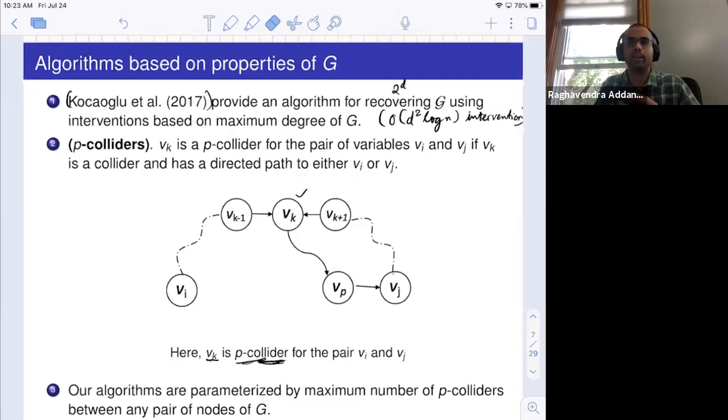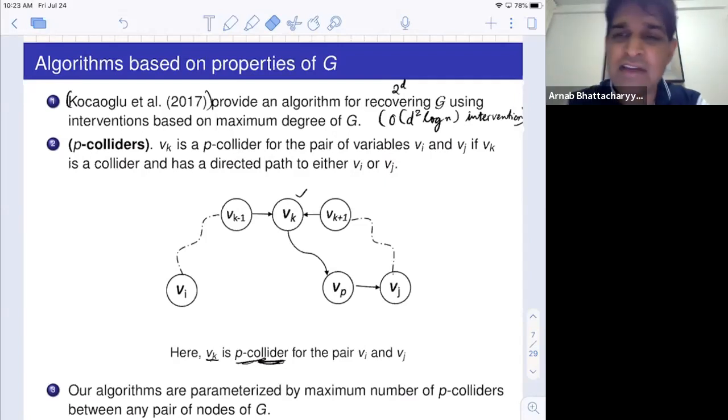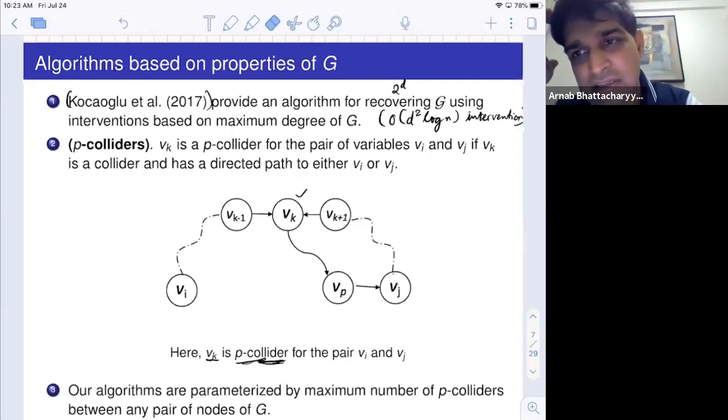Correct. So naively, I think it would be 2 to the order of n sample complexity. But we could do something more sophisticated. We could get 2 to the order d without dependence on n if the sum of in degree and out degree is bounded. That's true. But we should probably go back and check how it fits into this model.